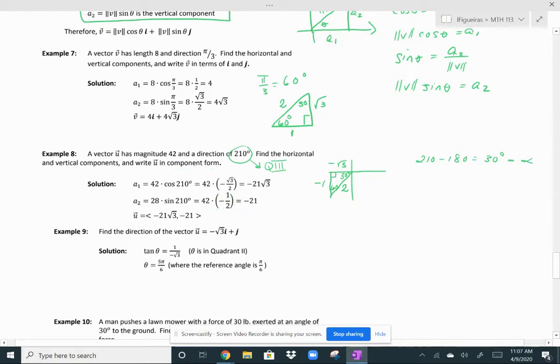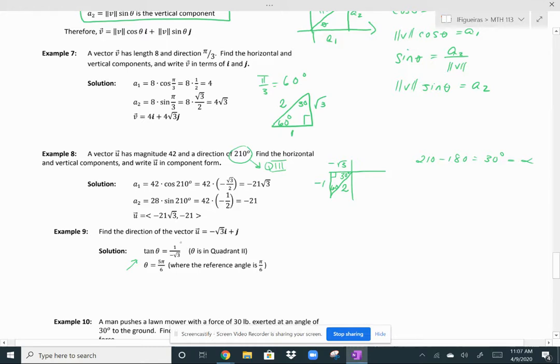Okay. Here in this next example, you're given the vector u equal to negative root 3 i plus j, and you're being asked to find the direction. This time the components are known. When you know the components, we have to go back to one of the formulas I mentioned before, and that is that the tangent is the y component over the x component.